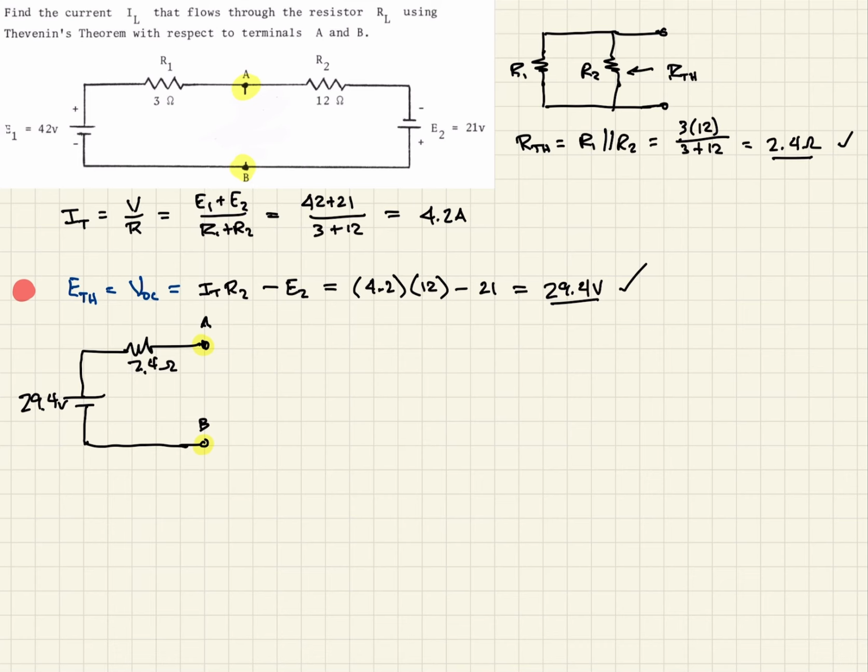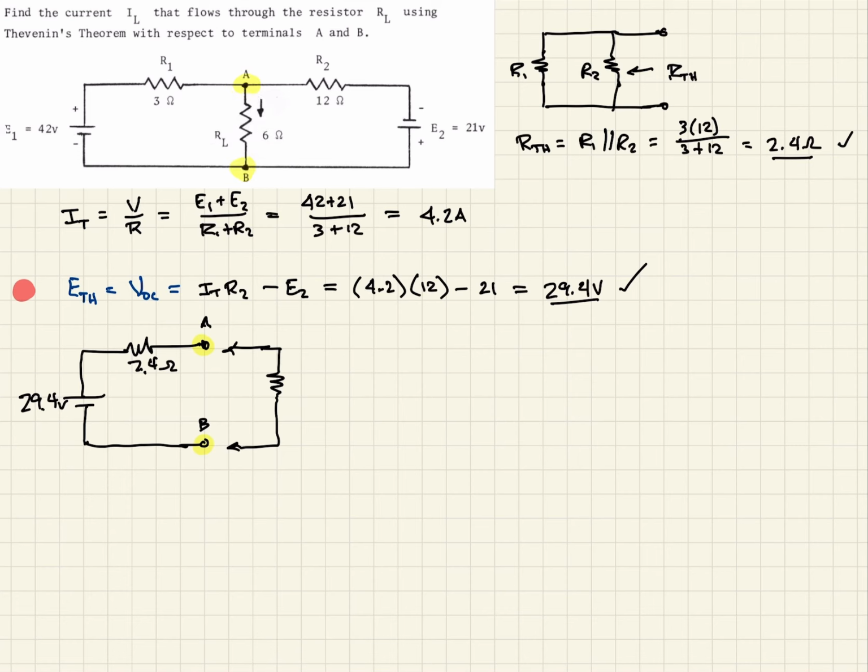So now to solve the original question, we have this resistor that we are putting across there. So we have this resistance here that we're connecting to A and B, and this is what we saw up here.